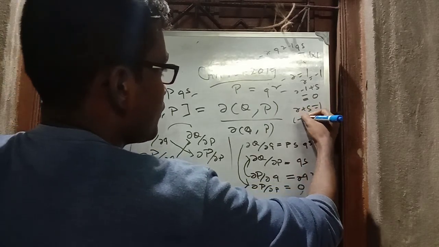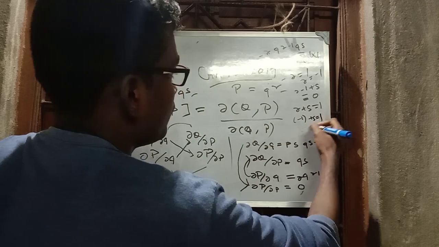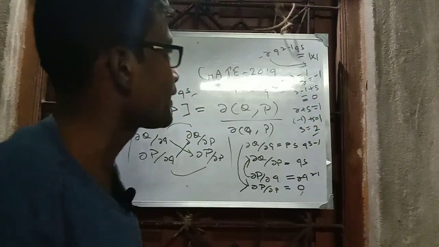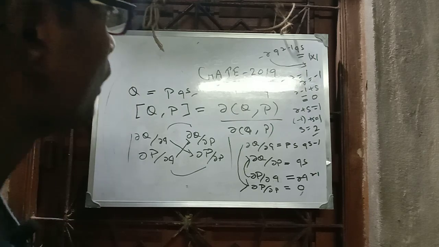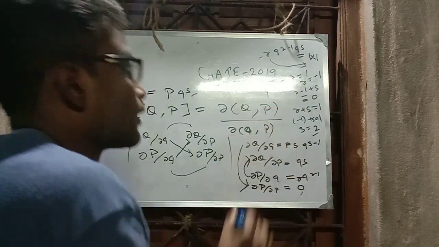The value of R is minus 1, and the value of S that we have to find out is equal to 2. So for R equal to minus 1 and S equal to 2, this transformation is said to be canonical. Okay.